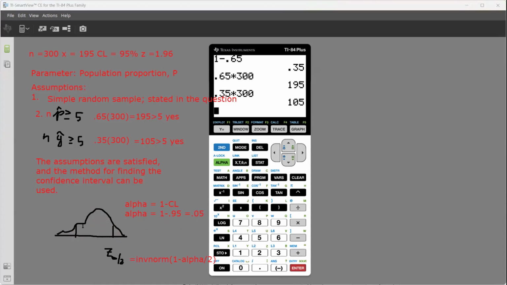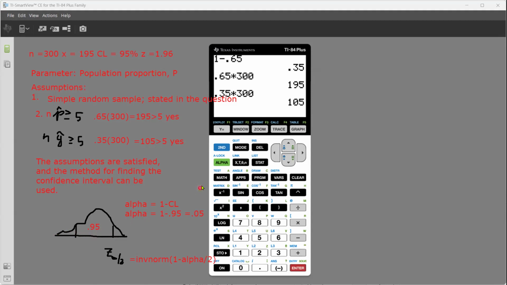But remember, when you enter your inverse norm, it's this tail piece plus this piece that you're entering.